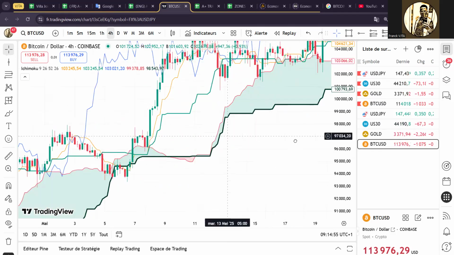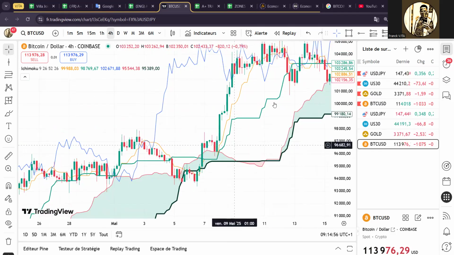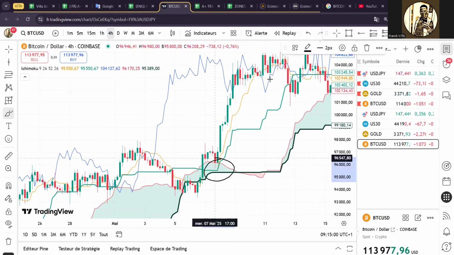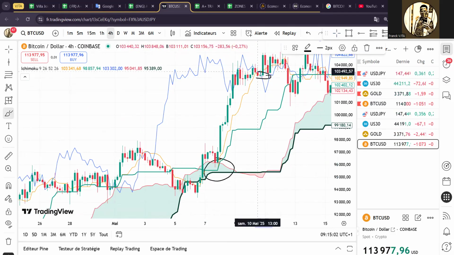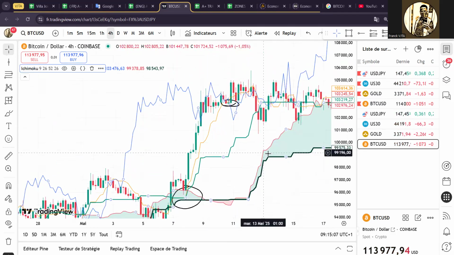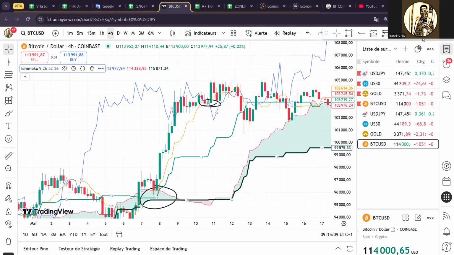Let us take, for example, this one on Bitcoin. From this TK cross above the cloud here, the Tenkan touch happened just here at the end. And that's what I don't like about waiting for the touch of Tenkan before entering.